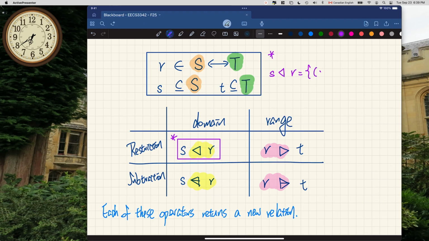Each pair is going to be D and R prime, such that, now we have to define what D is and what R prime is. First of all, D R prime is in the original relation, so R here and also R here. But we are restricting D to only certain values, and the values we are restricting D to come from this little s. So D here should be a member of little s.